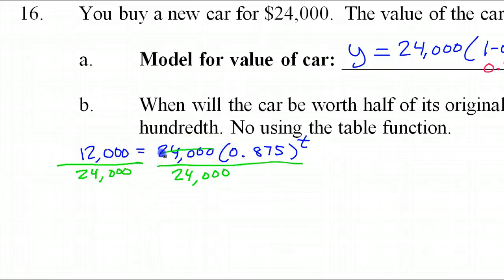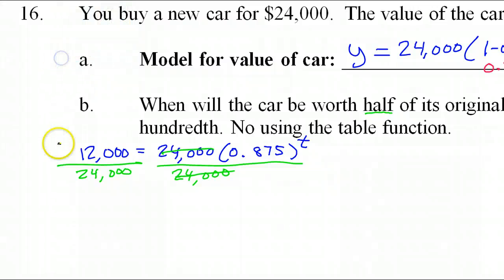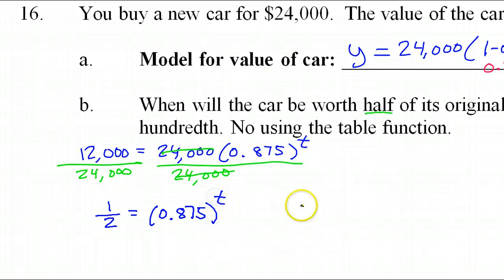But you already know what this is going to do. It's supposed to be half of its original value, so this is going to turn out to be 1/2. If you wrote 0.5, that's fine, it's the same thing. So it's going to be half of its original value, which is equal to 0.875 to the t power.